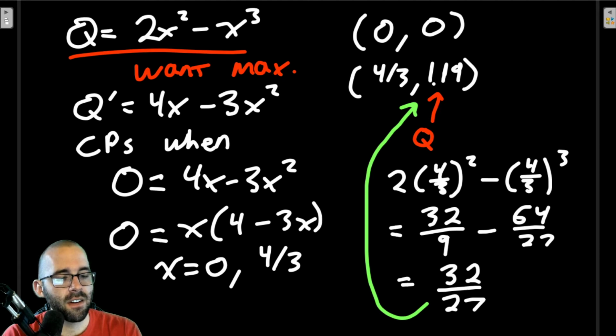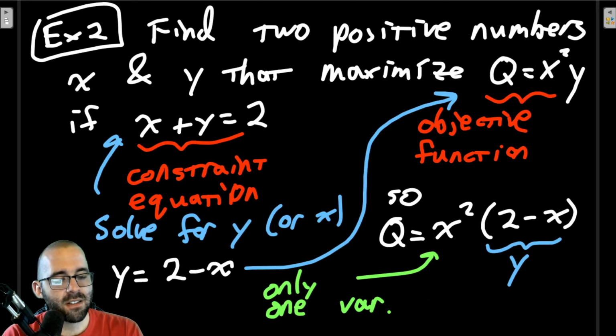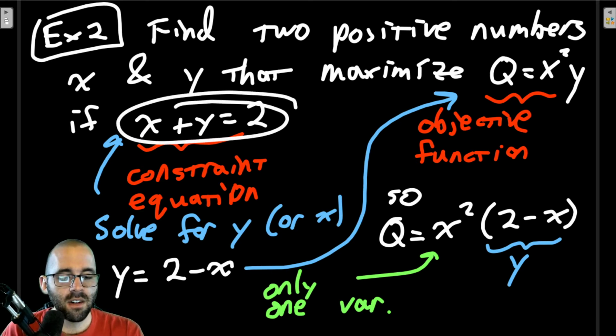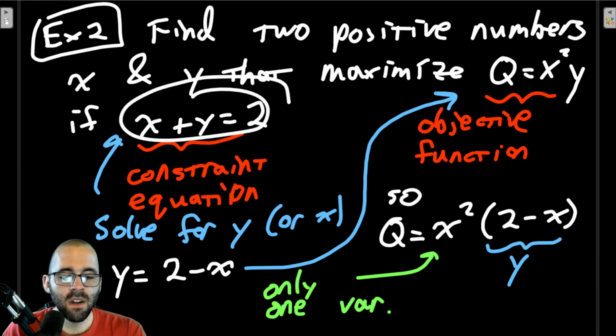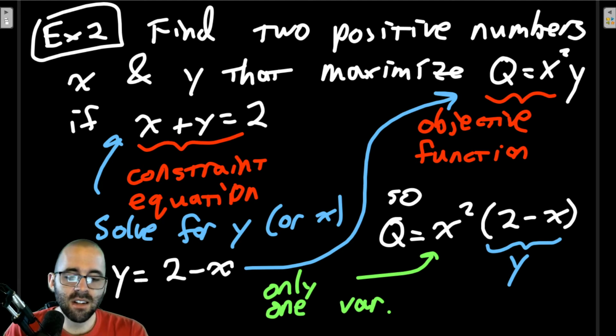Well, if x and y are positive, let's look at our constraint equation. Well, if x and y are positive, x has to be positive and y has to be positive. Right? If both x and y have to be positive, that means the biggest they can ever get is 2. Right? Because if x is bigger than 2, if x is 3, for example, then y would be -1. So the smallest x can be is 0, the biggest x can be is 2.